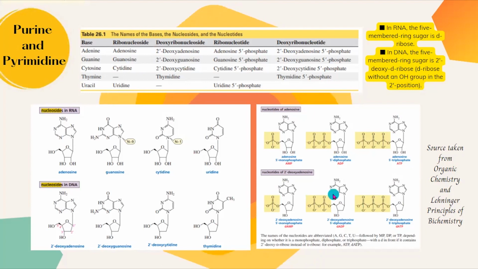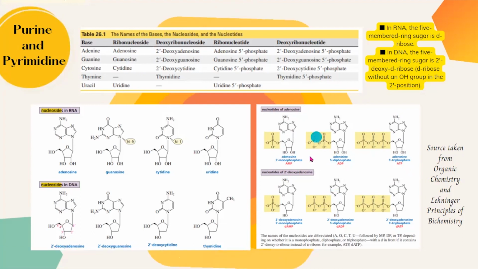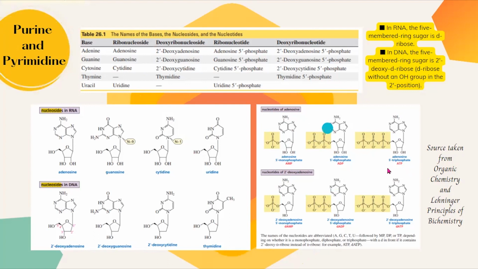In nucleotides, it is easy to distinguish them because to the name of the nucleoside you can add mono, di, and tri. The mono here has only one chain. Diphosphate has two chains of the same structure, and triphosphate has three repeated chains, 1, 2, and 3, so it is named triphosphate.